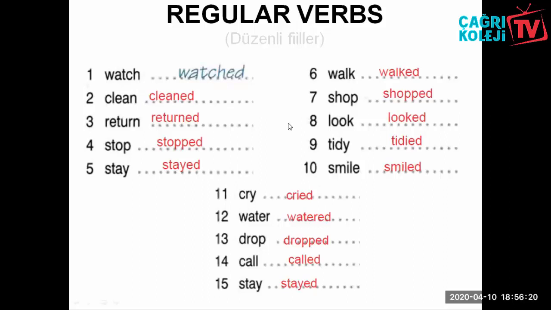You know, it was very easy. We just add ed at the end of the verb. Watch, watched, return, returned, stop, stopped, stay, stayed, look, looked, water, watered, call, called. You just add ed at the end of the verb and you make your action past.